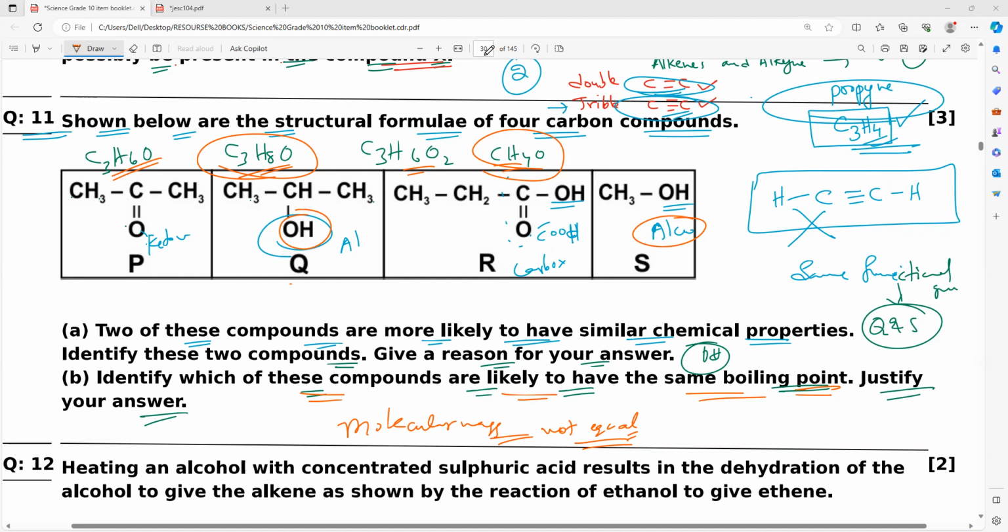Anybody having any doubt, please let me know, or else we can proceed further. Clear, everybody? Mr. Kaushik and Swadhan, you don't have numbers?